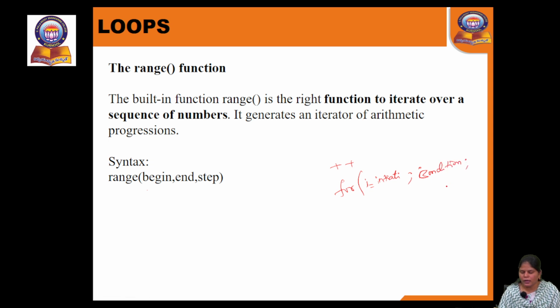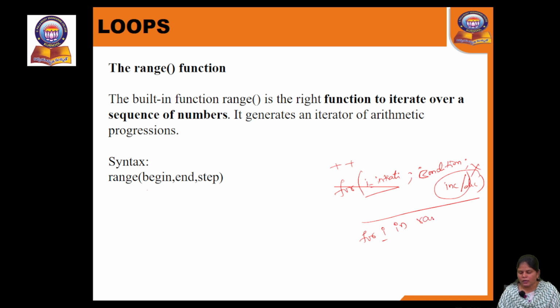Next I'll be having increment or decrement. So this is what we have in C. But here as it is not available, initialization part and everything will be done using the range function itself. I is an iterating variable.